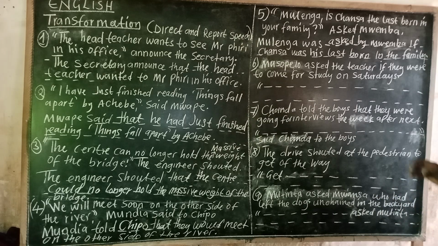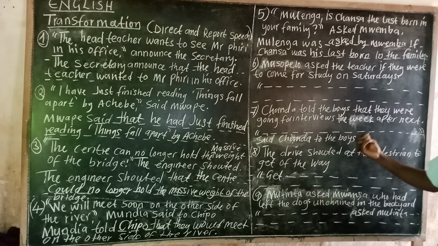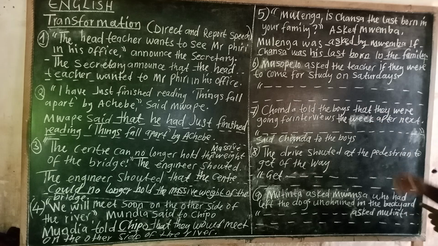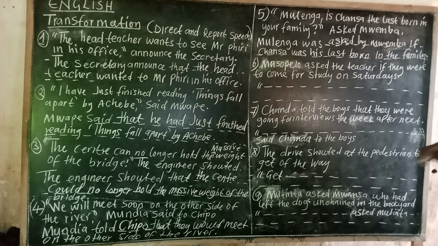That's when you can actually give the correct answer to that given question. Okay? So here now, you have to check closely. This one is now reporting now. Okay, so now we want to do the reverse of what you have been doing from 1 up to 5. So Musopela asked the teacher if they were to come for study on Saturdays.